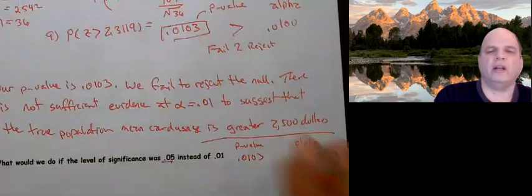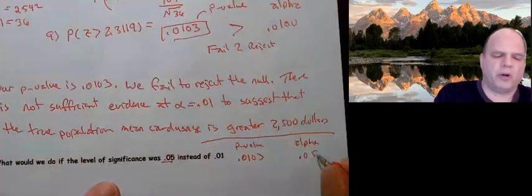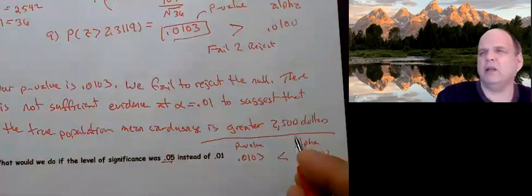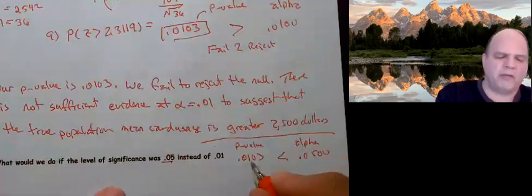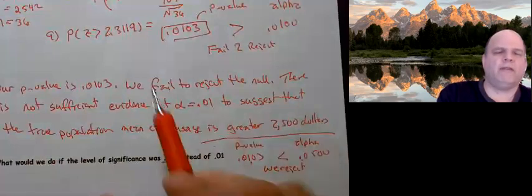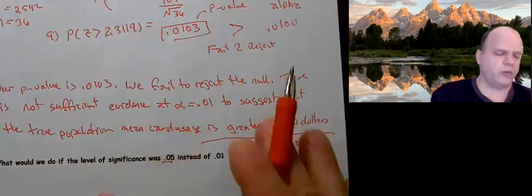I didn't change that, but I changed our alpha to 0.05. If I make these the same length, 500 is clearly larger. So in this case, if the p-value is less, we reject. Up here, we failed to reject. Here, we're actually going to reject.